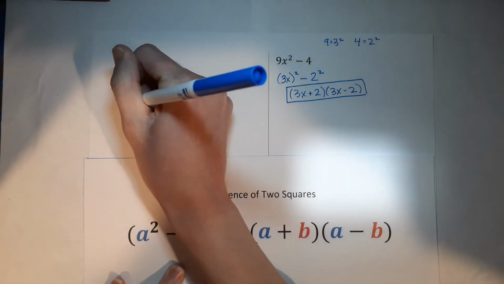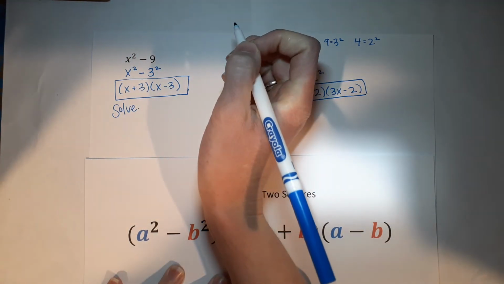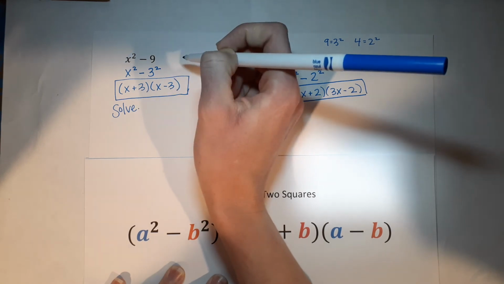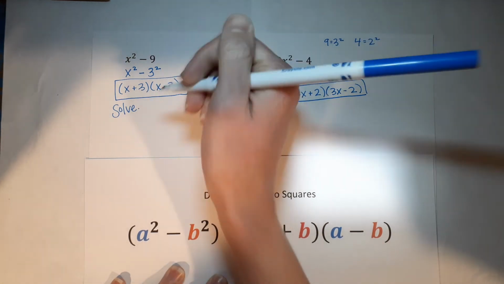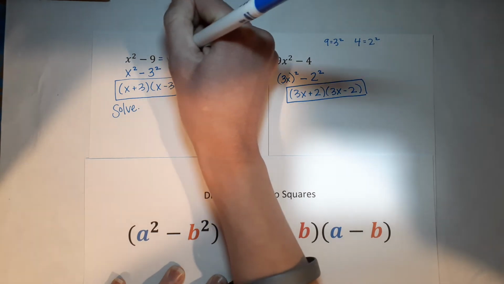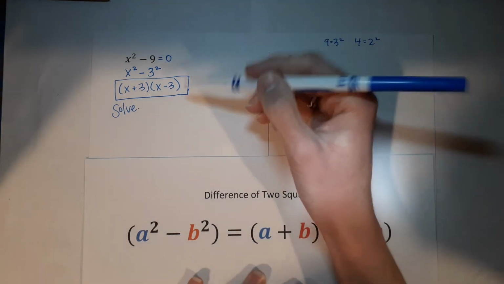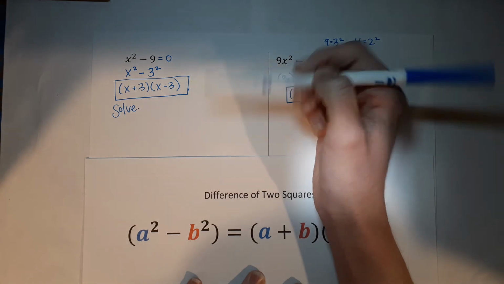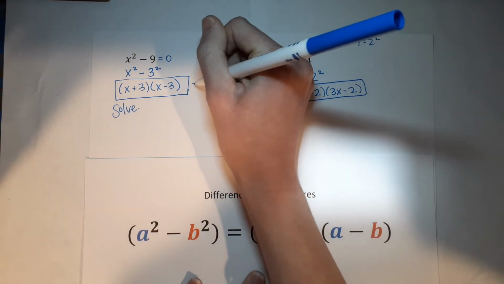If you are asked to solve, it's just one more step. Remember, a lot of times when we're factoring, we don't write what this is equal to. I don't know why, maybe to save writing, but it is equal to 0. If you don't have an equal sign, it's going to be equal to 0. So if you're asked to solve, they'll probably have the equal 0 there for you. Once we factor this, it is still set equal to 0.